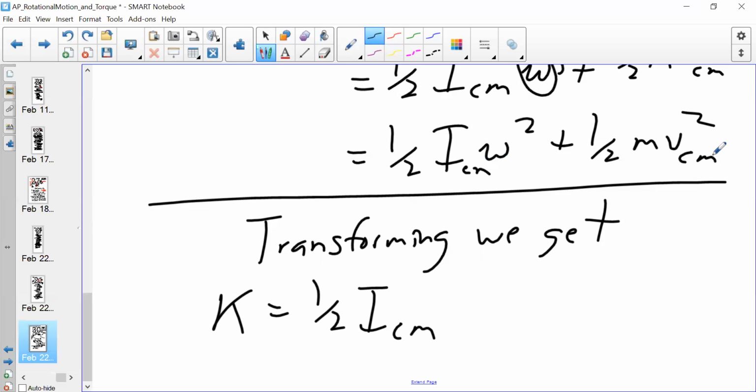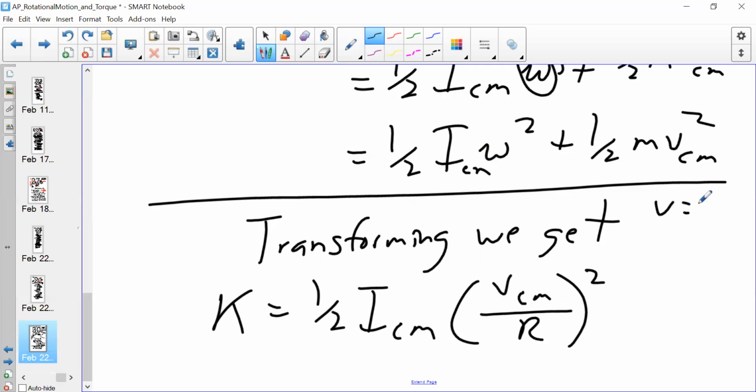This is the particle at the center of mass moving as a point particle. Omega can be written as V_CM over R, squared, because V is R times omega. Omega is V over R, plus 1/2.